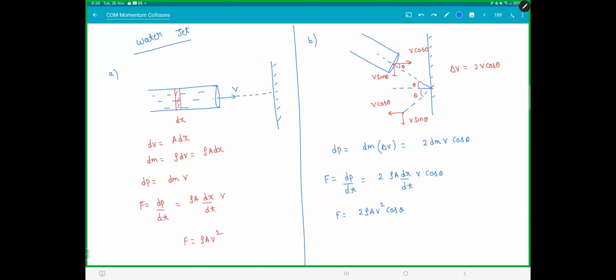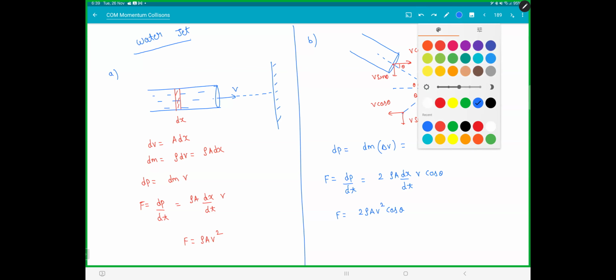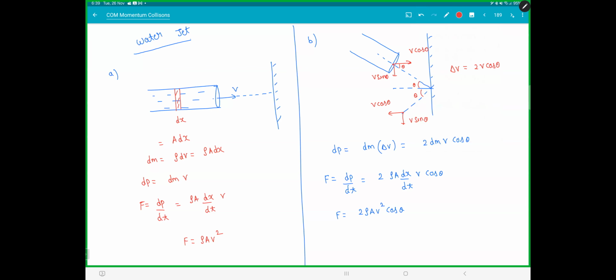How did he equate dV to? dV is the change in volume, right? dV is a small volume, not velocity. Maybe the symbols look the same. Area into thickness gives you the small volume. We can say dm is rho A v dt.